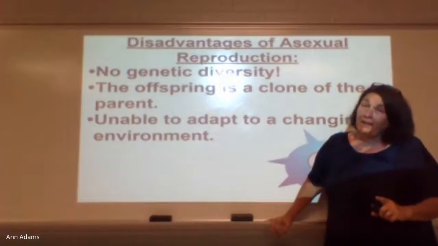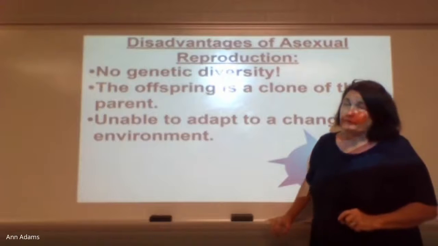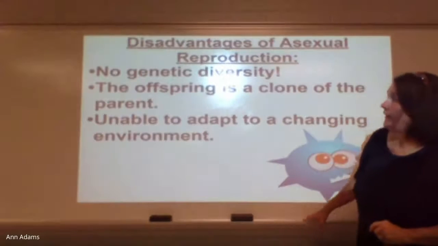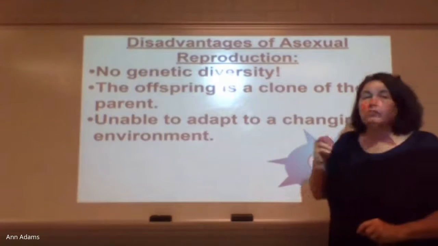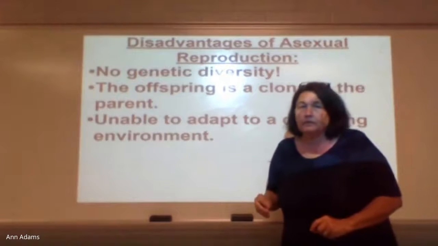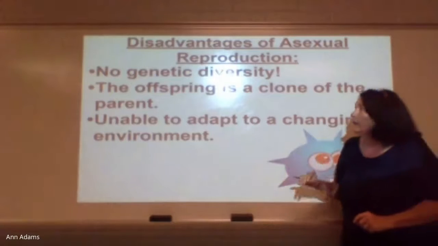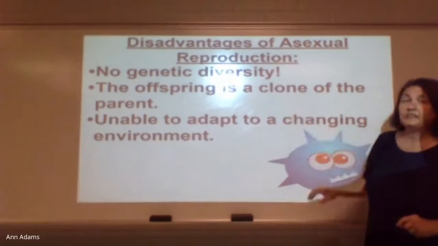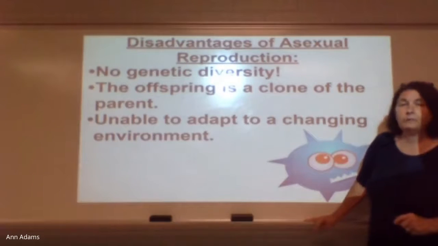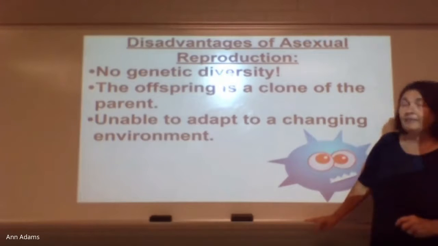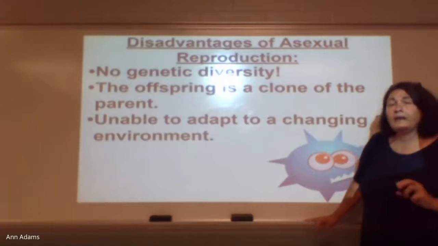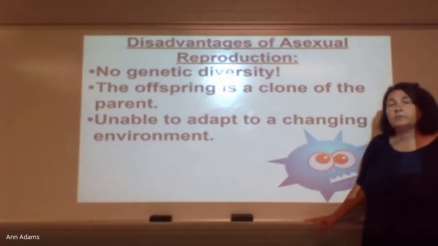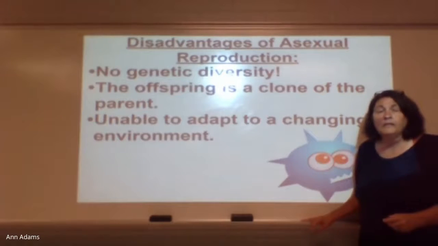Now, the disadvantages to asexual reproduction. They have no genetic diversity. They make things just like themselves. There's no diversity in it. The offspring is a clone. It looks just like the parent. And they can't change to what their environment is. They can't make themselves change to something that's going to adapt to the environment.